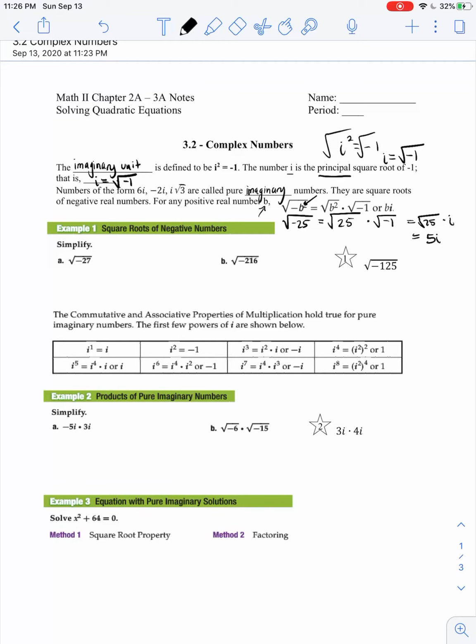So this first example says simplify the square root of -27. I'm going to start by writing that as the square root of 27 times the square root of -1. The numbers that go into 27 are 9 and 3, so I can take out a 3. That's 3, and then there's a 3 left in the square root.